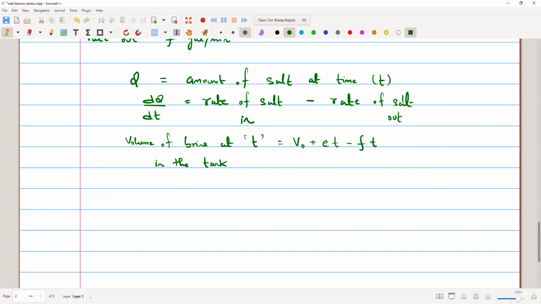All right, so this is the volume of the brine, and now the concentration of the salt in the tank can be given by Q divided by this volume. So it will be equal to Q divided by V0 plus Et minus Ft. That is the concentration of the salt at any time t in the tank, right?